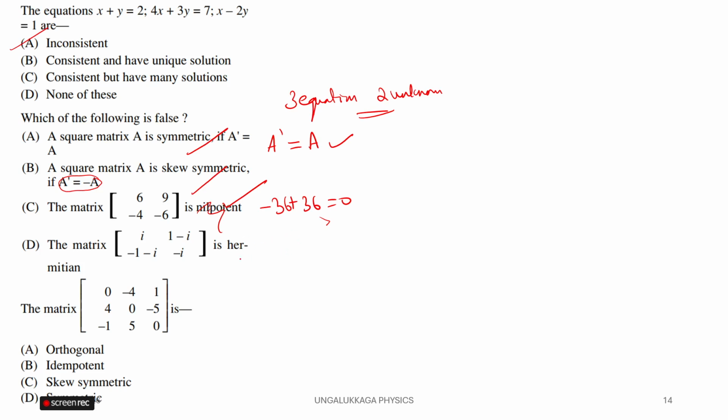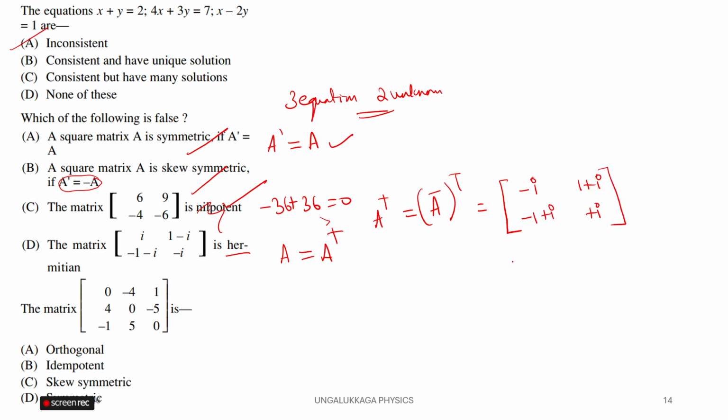They say this matrix is Hermitian. What's the property of Hermitian matrices? A is equal to A dagger. So what is A dagger? We have to find the conjugate and take the transpose. If you take the conjugate, we will have minus i, 1 plus i, and minus 1 plus i and plus i.